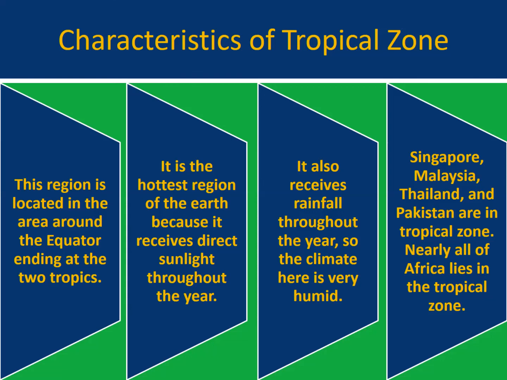Then you can see the names of the countries: Singapore, Malaysia, Thailand, and some of the part of Pakistan are in tropical zones. Nearly all of Africa lies in the tropical zone. So the characteristics which are given in this video, you have to write in the answer as well. So you have to look at the video very carefully.